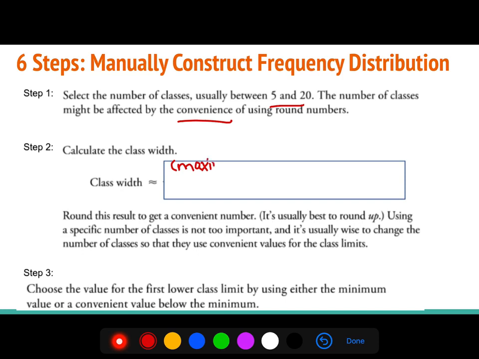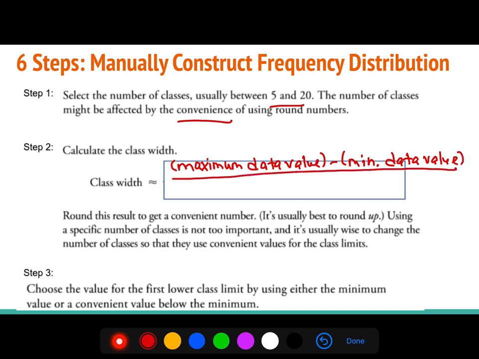Then we have to figure out the class width. The way we're going to find that is our maximum data value, the biggest number in our list, minus our minimum data value.